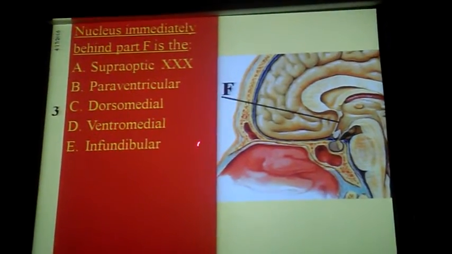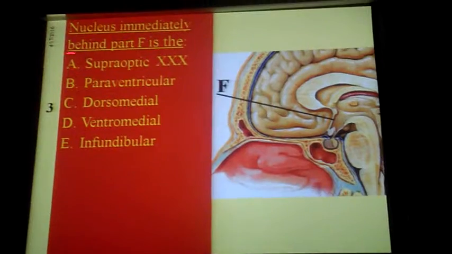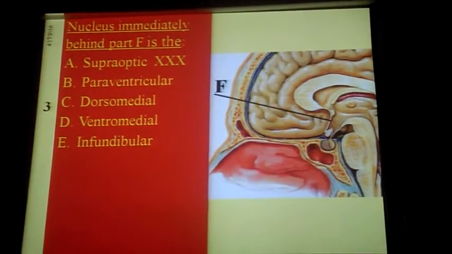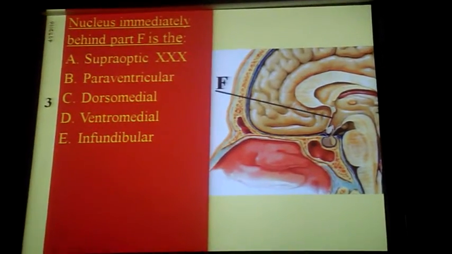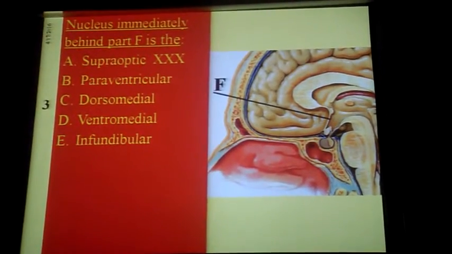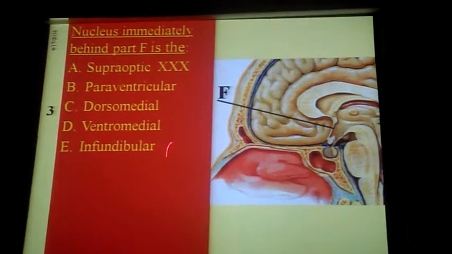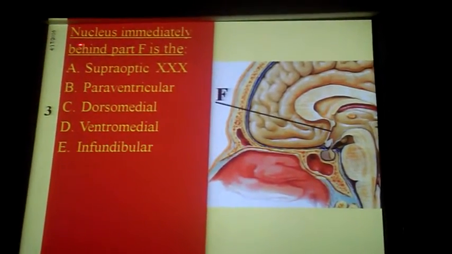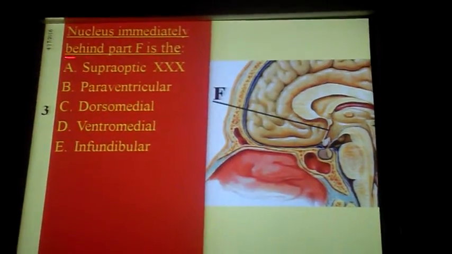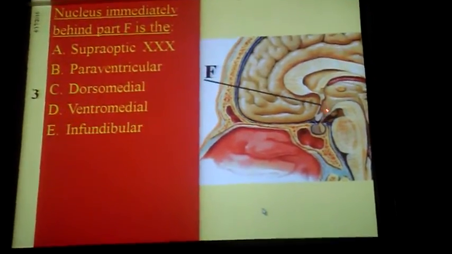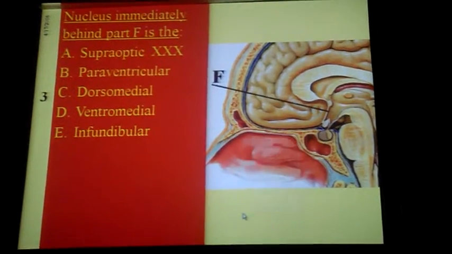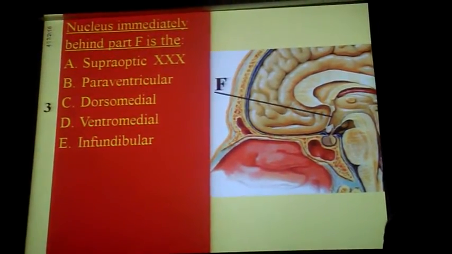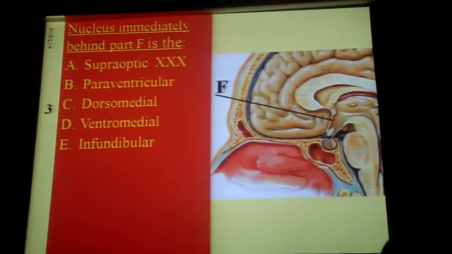So all of these are incorrect except for the supraoptic nucleus, which is situated immediately behind the lamina terminalis. فإذا من هذه بالنسبة إلى صح الكويستشن is well planned. The nucleus immediately behind the part F هي supraoptic nucleus. فإذا عندنا بس أول واحد هو correct والبقية incorrect.